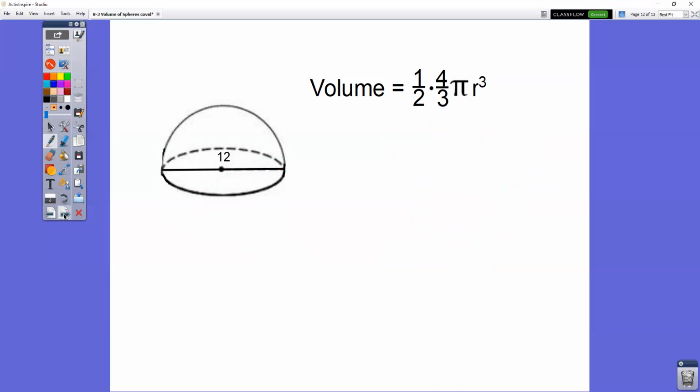I'd like you to try one more. Notice that this time this 12 goes all the way across the hemisphere. So this 12 is really the diameter. So the first thing that you need to do is find the radius.